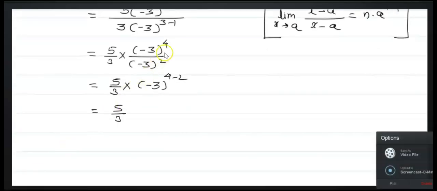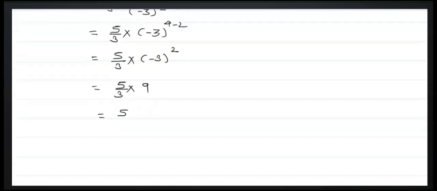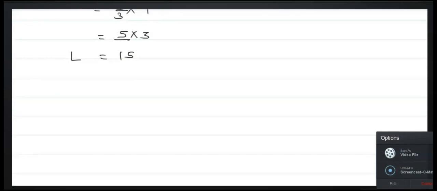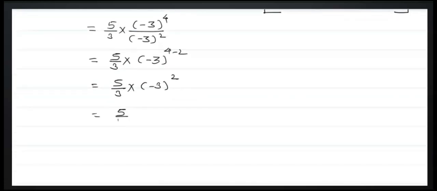Instead of that, we can apply the law of indices: (minus 3) raised to 4 minus 2, then (minus 3) raised to 2. And hence, this is the final answer. You can see again, this is the answer. It's a very simple one.